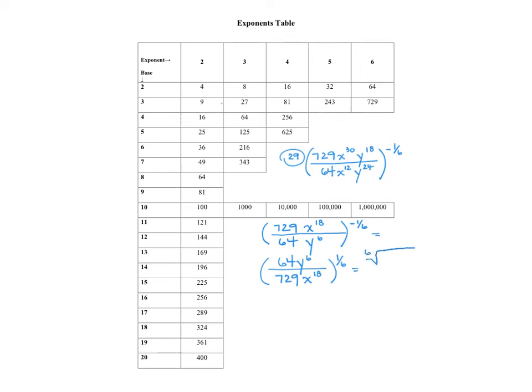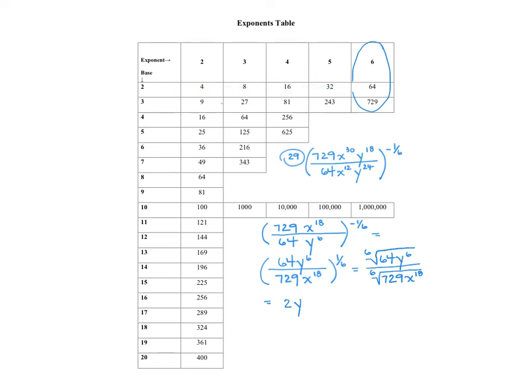So I'm going to take the 6th root of 64 y to the 6th and the 6th root of 729 x to the 18th. And if I want to find what times itself 6 times is 64, I'm going to go to my exponent table, under 6, look for 64, follow it back, and I find out that that is 2. And y to the 6th, the 6th root of y to the 6th, is just y. So the numerator becomes 2y.